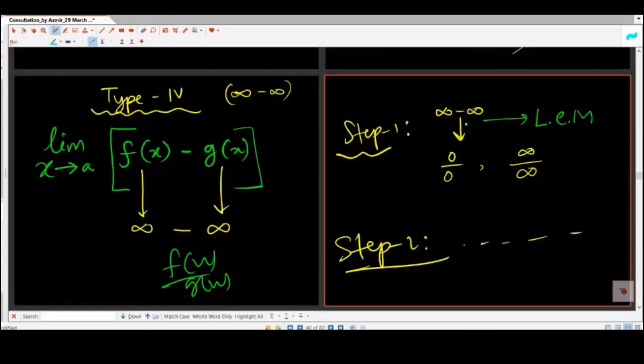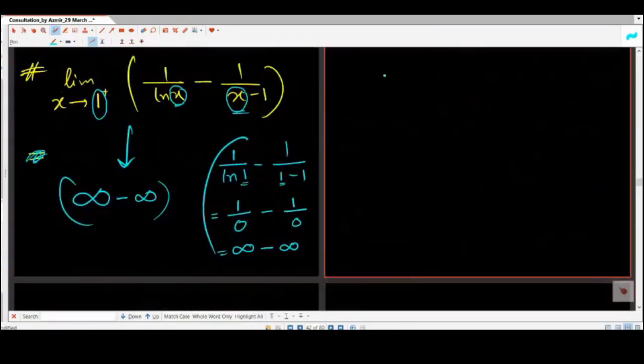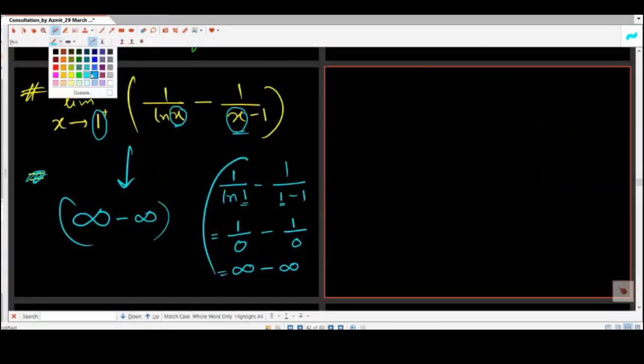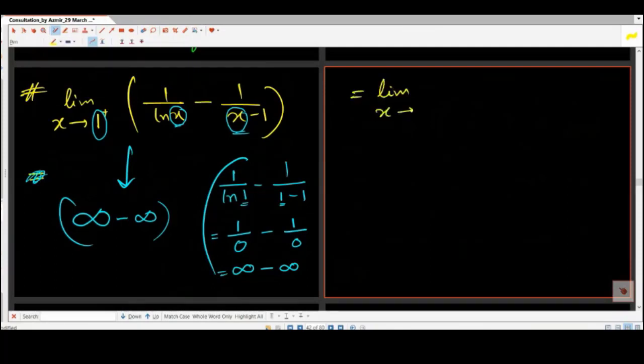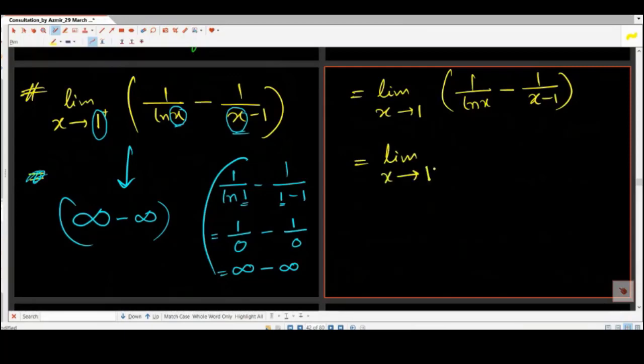Here we have learned that if we have infinity, negative infinity, then we can combine those two functions by using the concept of LCM. So let's do the LCM here. Our main problem is the limit as x tends to 1 of 1 over natural log of x, minus 1 over x minus 1.